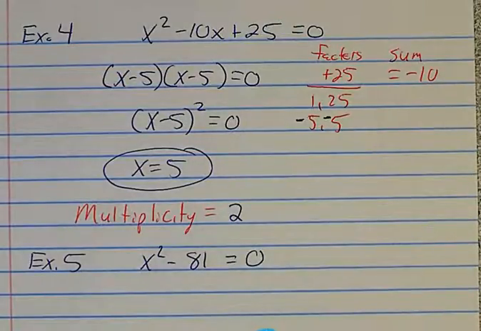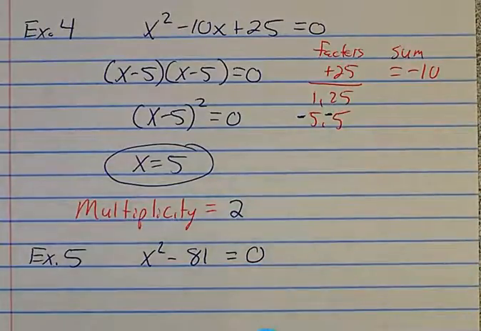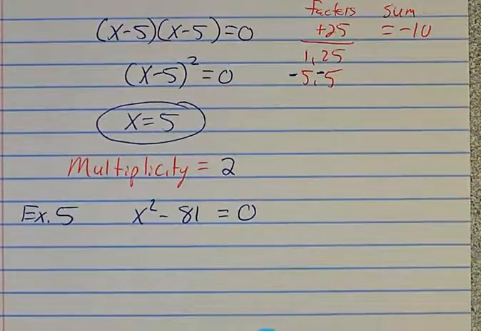Alright, example 5. Let's go with x squared minus 81 equals 0. Okay, and for this one, you can do it two different ways. What's one option? Has anybody got an answer, something that they're looking at this one and remembering from something we did in the past?